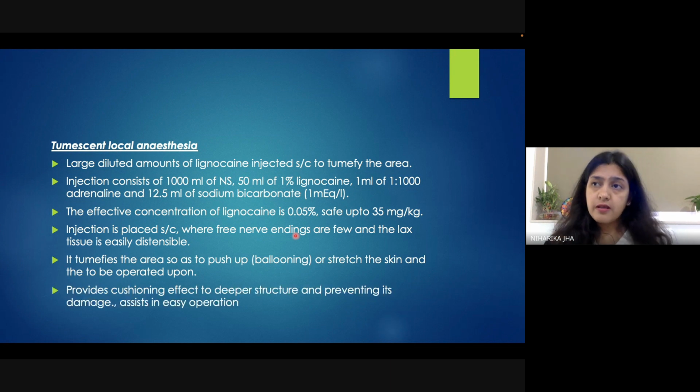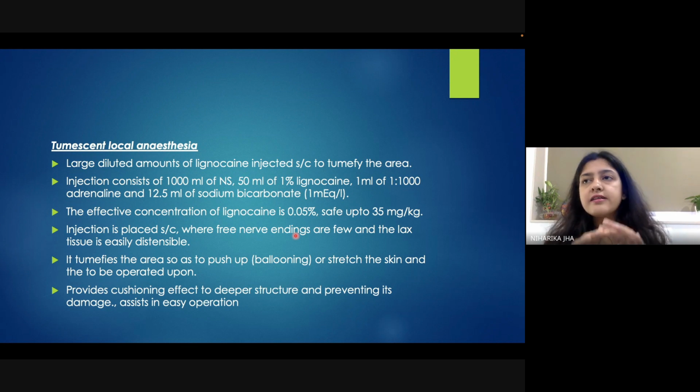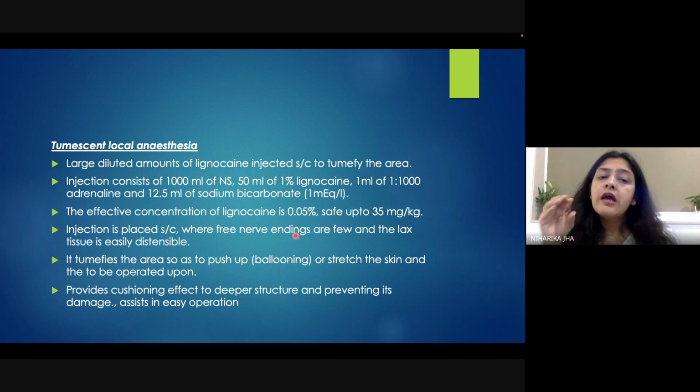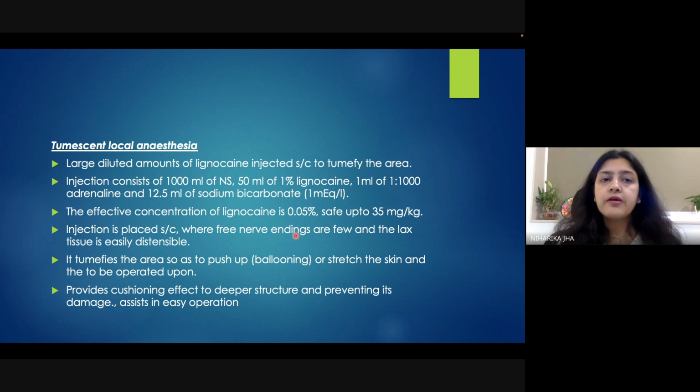Then, because of the ballooning or cushioning effect, protection is provided to the underlying deeper structures, which can be harmed otherwise while doing the procedure or surgery. So it not only provides a distended area for us to work on, it also prevents damage to the underlying skin. Okay.